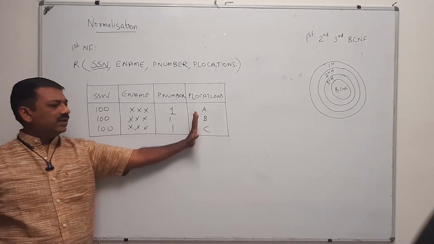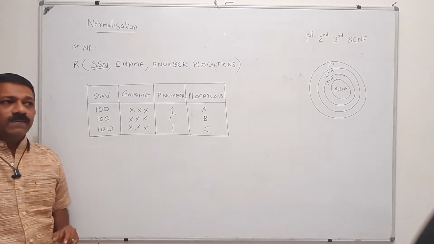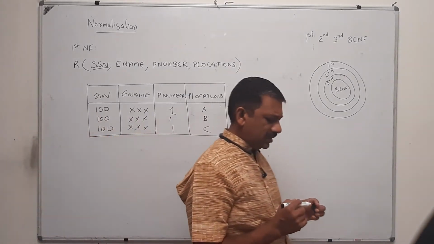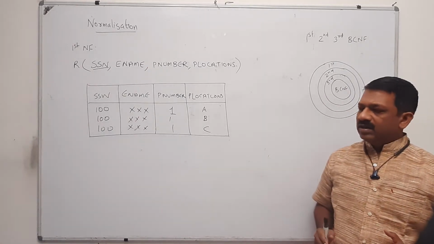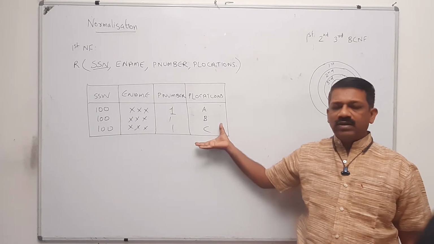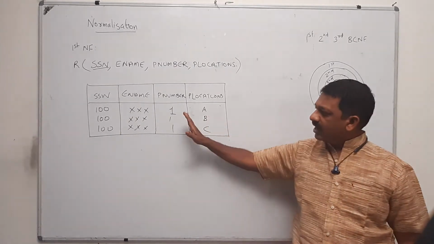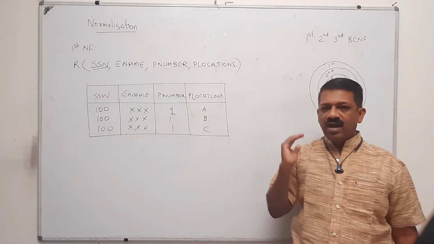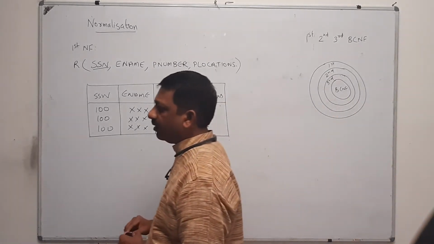Here all the attribute values are atomic. So we say that a table or relationship is in first normal form if it satisfies the atomicity of each attribute value. That means the actual values of the attribute should be atomic. That is first normal form.